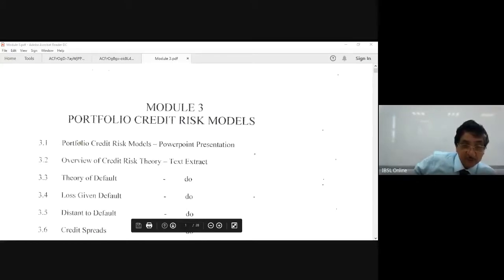You might have risk with some companies, but the other companies don't have a risk on those lines. So in such a case, the portfolio might have a total risk which is less than the addition of all the risks individually. So that is one advantage of a portfolio.